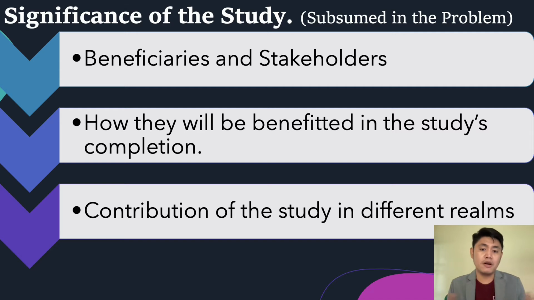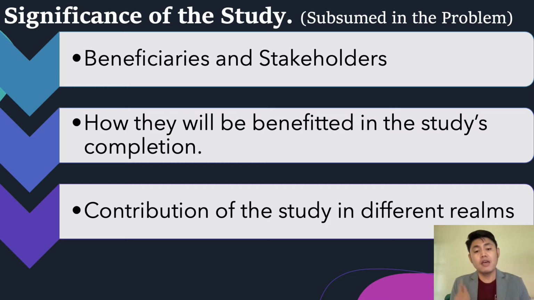Now, always remember that in this phase of the research, it explains why the researcher selected the research problem or the research topic over other probable ones. And aside from that, you not only have to explain why you chose the problem, but you also have to convince the approving committee or your panel about the need to conduct the study and how this study that you are proposing will be beneficial to the different individuals and how it can be of great help to the discipline or to the society.